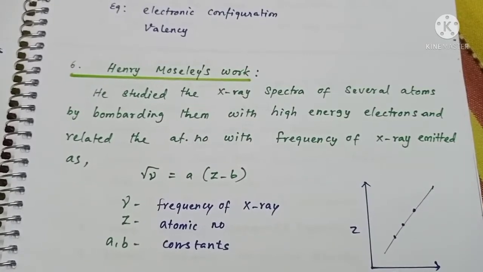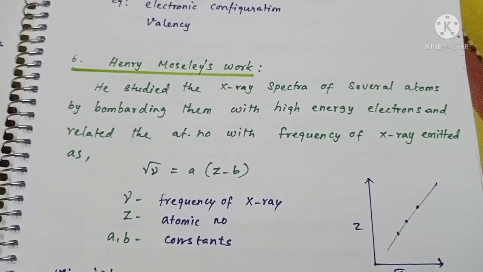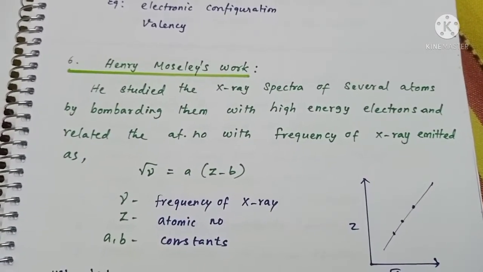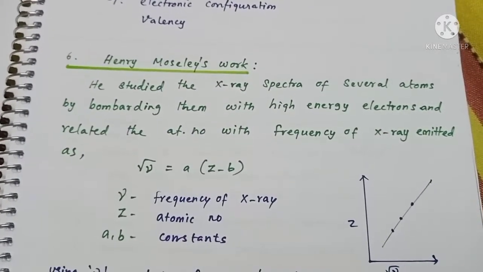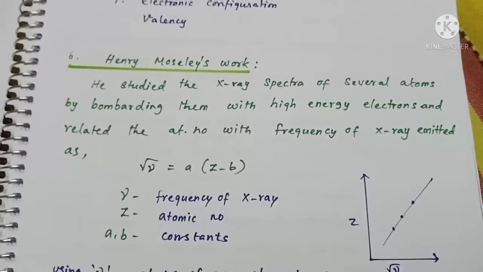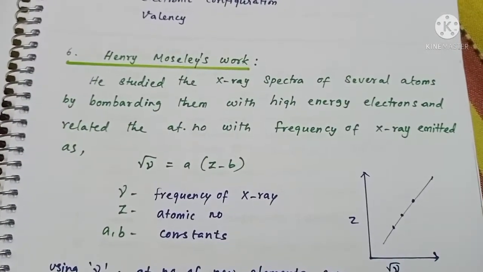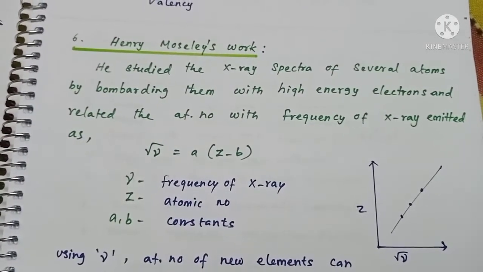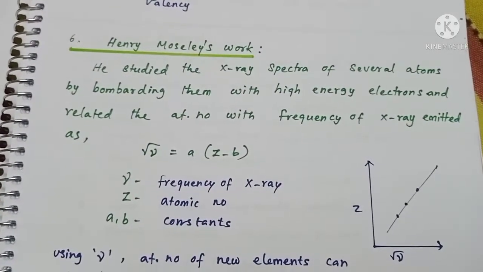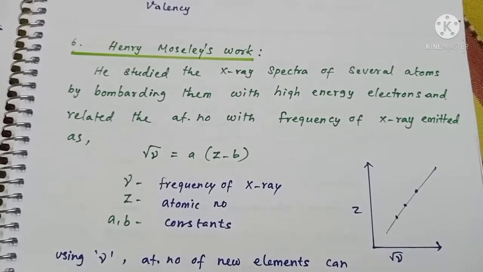Here nu is the frequency of the X-ray which is emitted by the atom when it is bombarded with the electron, and small a, b are constants. They are constants for all the elements, they have the same value for all the elements, whereas Z is the atomic number of the atom. Now he plotted the frequency and atomic number in a graph.